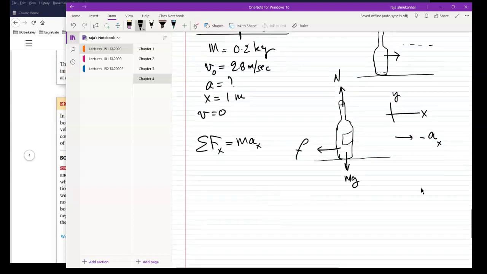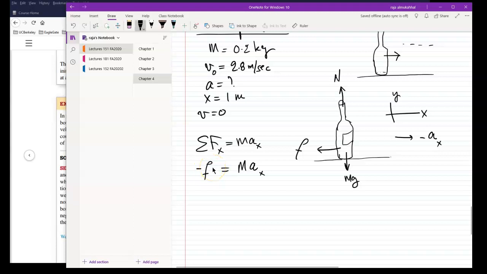So now, if I put in all that I have in the second law, it's going to be minus f, correct? Because it's in the opposite direction, equals ma_x. I know the mass of the ketchup bottle. It's 0.2 kilogram there, so I can plug it in. No problem. But I still have two unknowns, the acceleration and the friction.